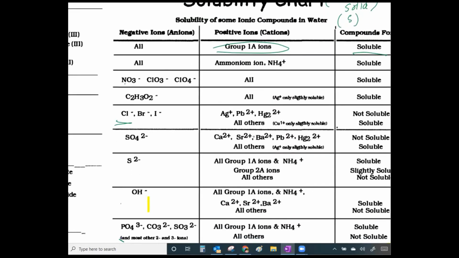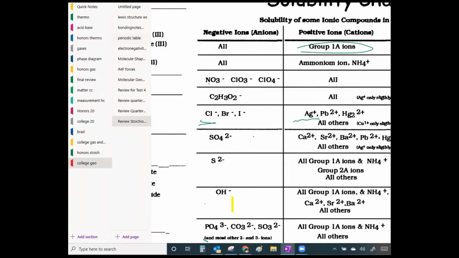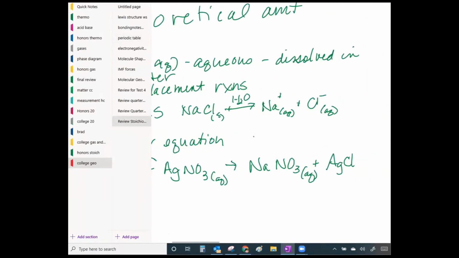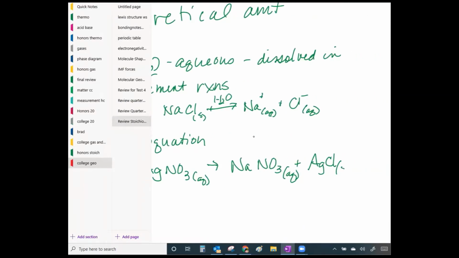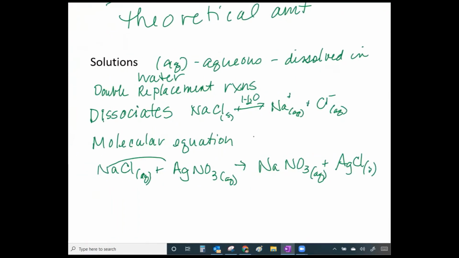But chlorides will precipitate. They're not soluble when mixed with silver. So we are going to have a solid form here. Okay? Our molecular equation: sodium chloride plus silver nitrate gives us sodium nitrate and silver chloride.